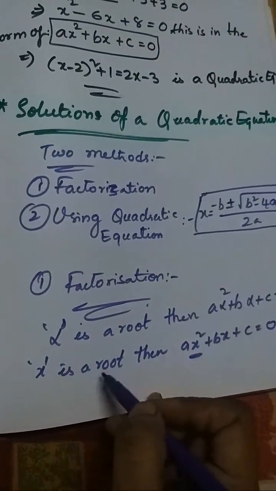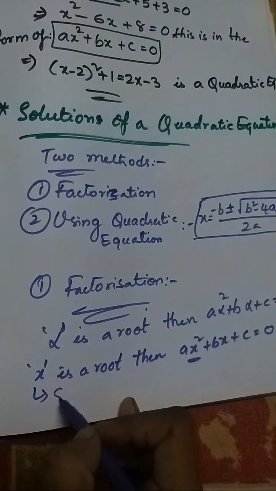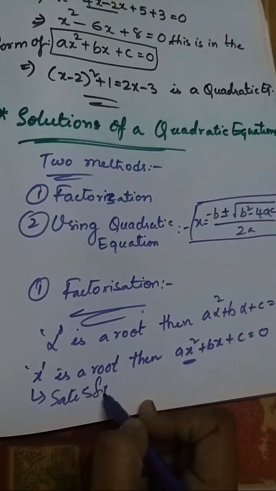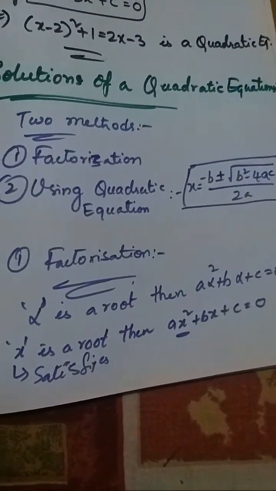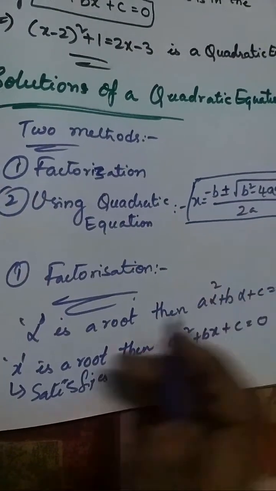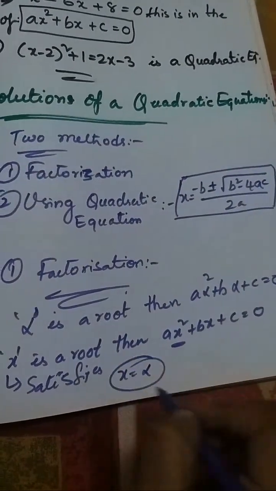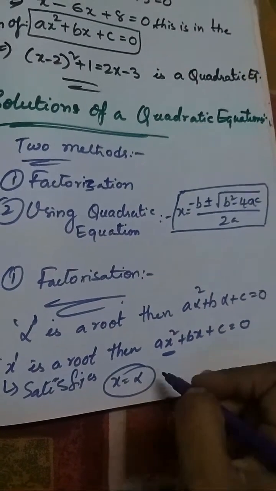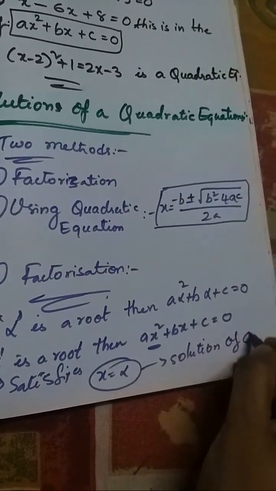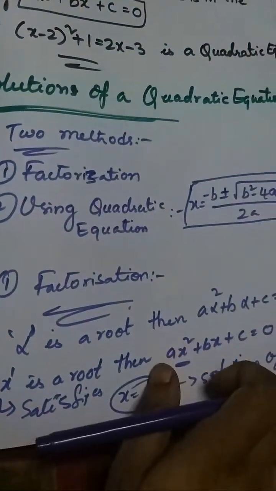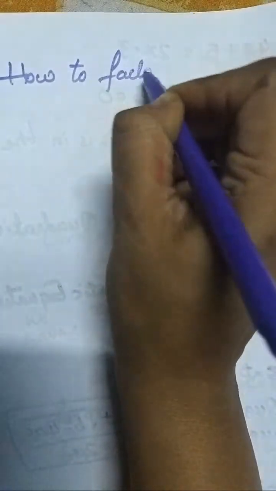Here x is a root, and we also say that x satisfies the given quadratic equation. Okay, like this, x equal to alpha is the root, it is the solution of the quadratic equation. Or we say that alpha satisfies the given quadratic equation. How to factorize the quadratic equation, children?